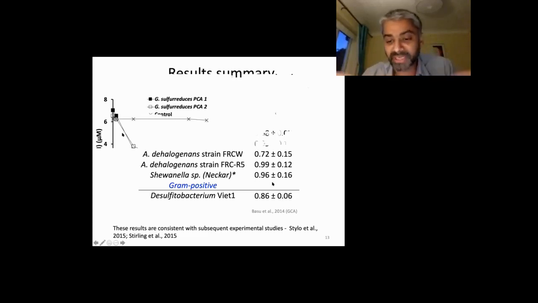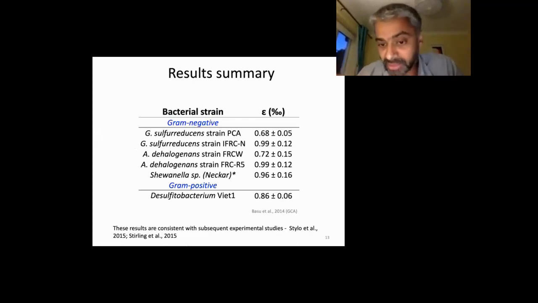So that's really a large range for uranium. And this type of range was confirmed by subsequent studies, by Stylo, by Claudine Stirling's work. So this is quite a large range. And the first question is, is there any systematic variation between this 0.7 to 1 per mil?